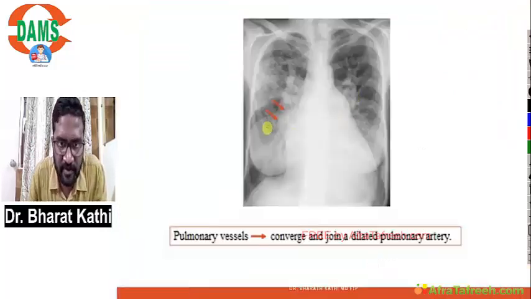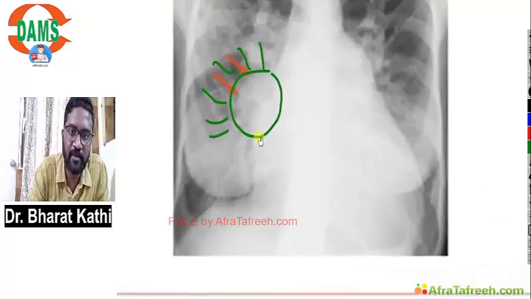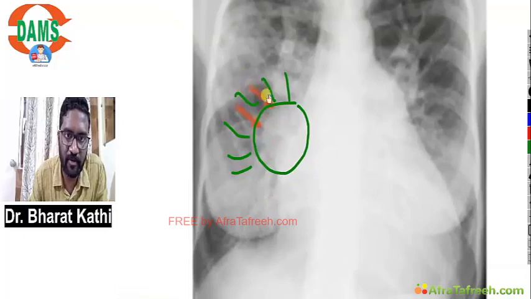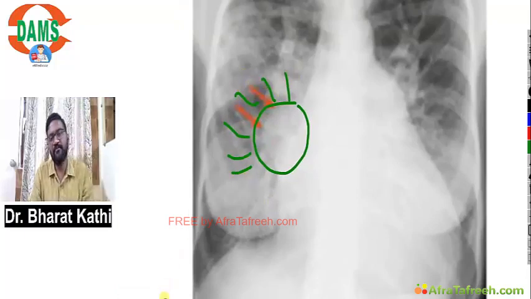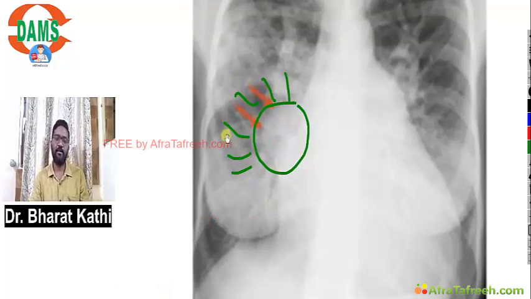Now if you see here, this was the mass, and if you trace, all the vasculature were going into the opacity. If they go into the opacity, it is suggestive of a dilated pulmonary artery.